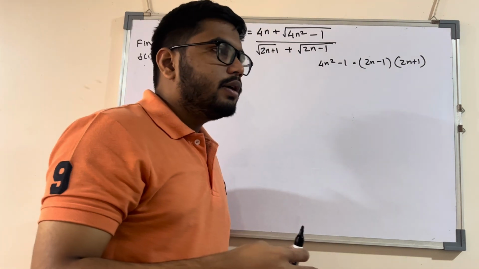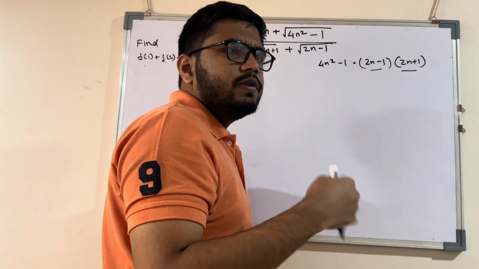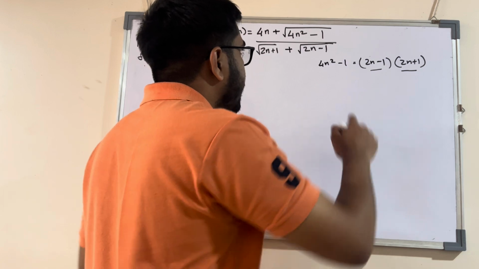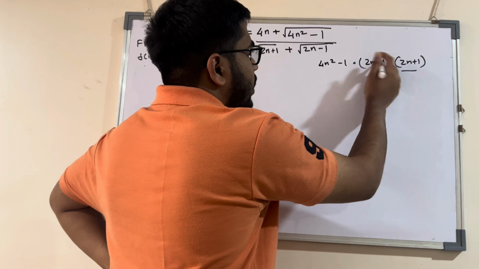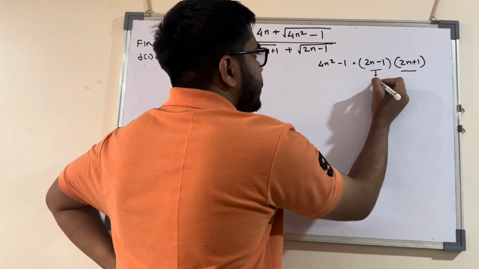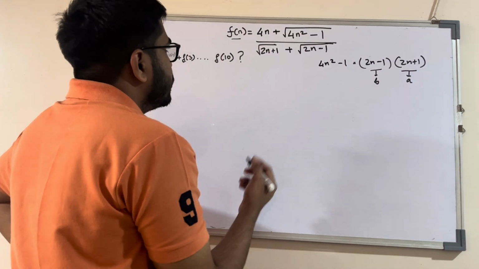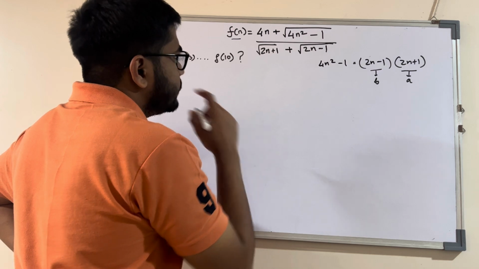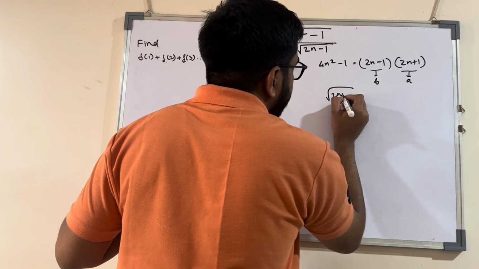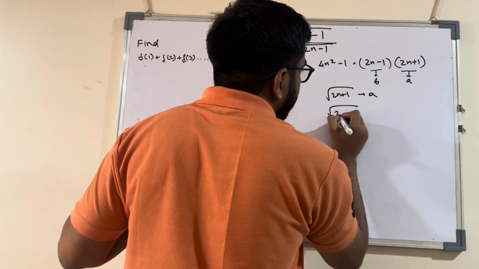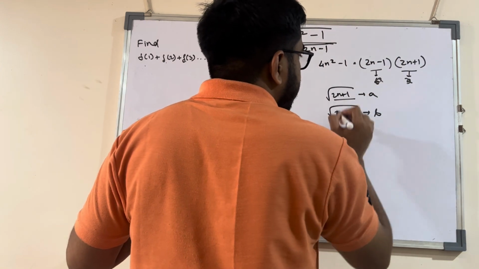The second thing that you think is, whenever terms repeat, this is a type of approach which you can use for different questions as well. Whenever an expression repeats in the entire function, or in a small part, you can name this as A and you can name this as B. It would be better if I name root of 2n plus 1 as A and root of 2n minus 1 as B, because then we would have to mention the roots again.